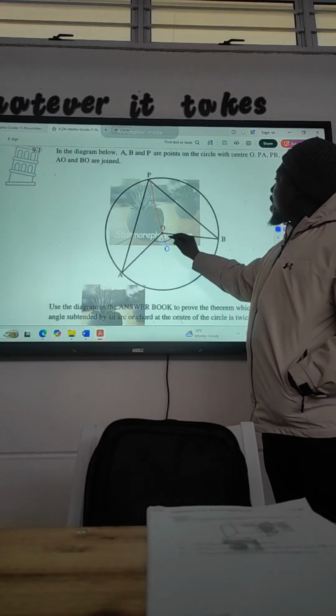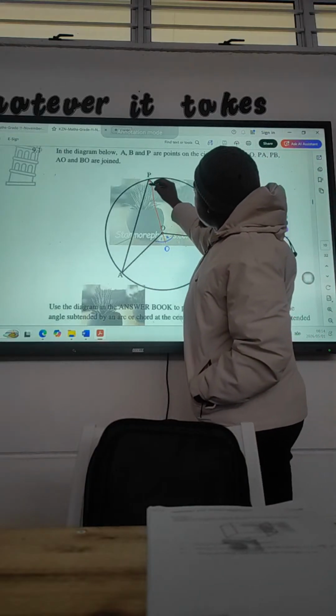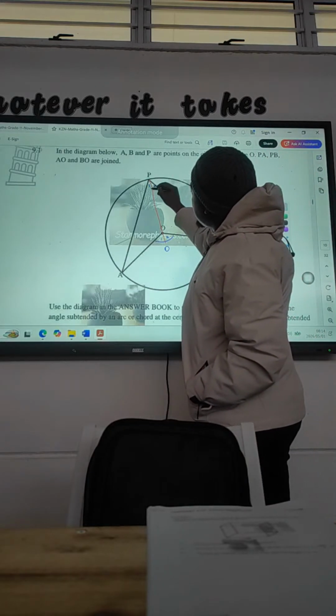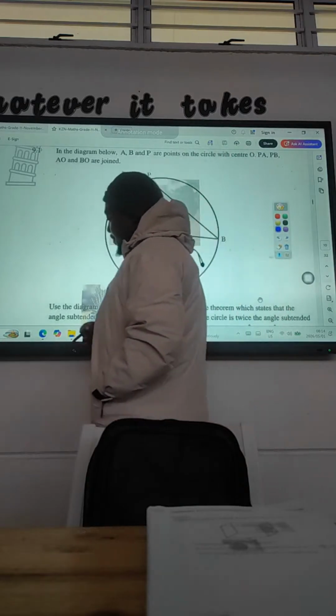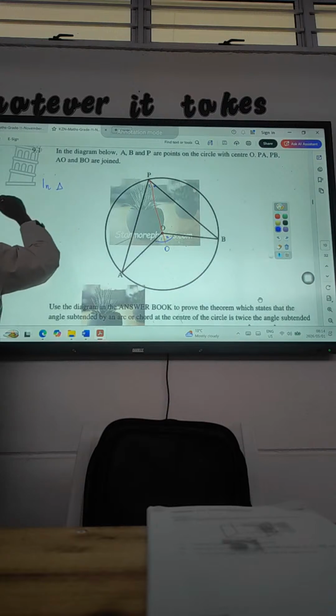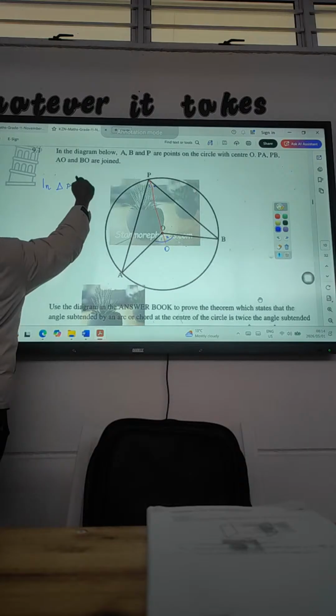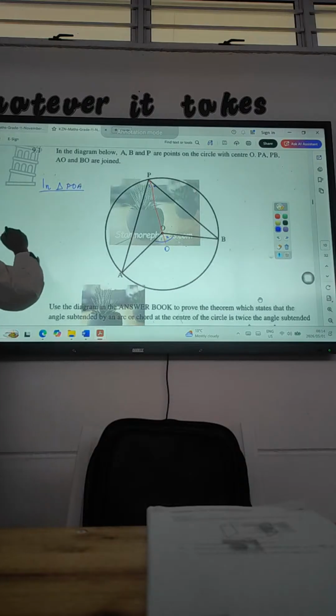We'll have O1, O2, and then we call this P1 and P2, and then we have set in triangle P, OA on the other side.